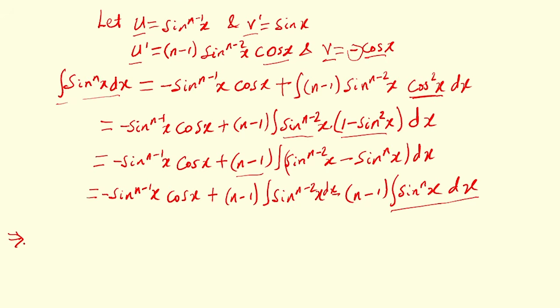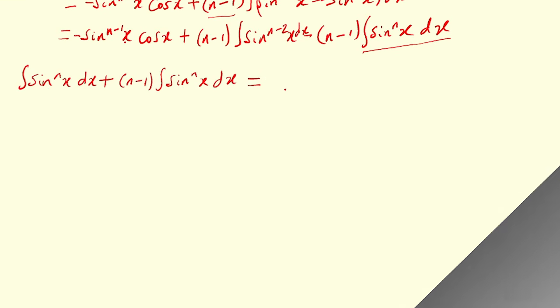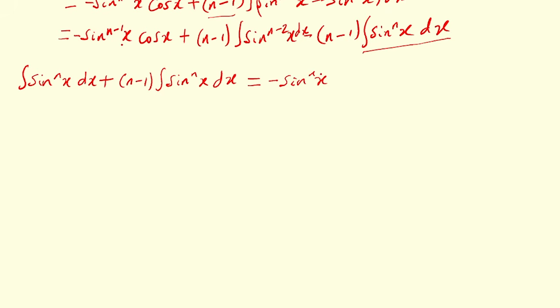Therefore, this gives us the integral of sine raised to n x dx plus this value n minus 1 times the integral of sine raised to n x dx is equal to minus sine raised to n minus 1 x cos x plus n minus 1 times the integral of sine raised to n minus 2 x dx.